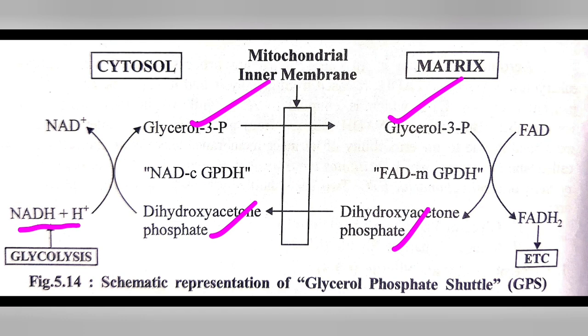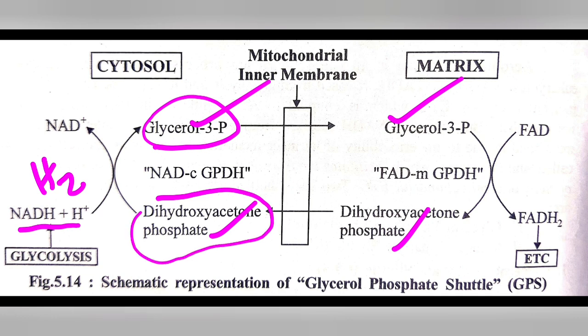So at first, in cytosol, reducing equivalent from cytosolic NADH plus H plus is transferred to glycerol 3-phosphate via dihydroxyacetone phosphate. The enzyme which helps in this reaction is NAD linked cytosolic glycerol 3-phosphate dehydrogenase.